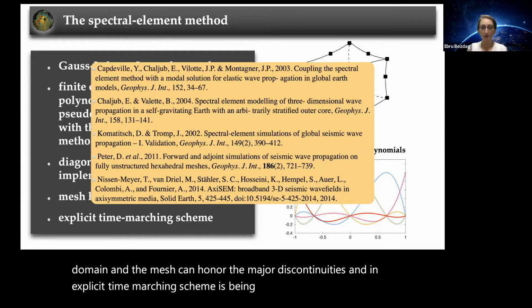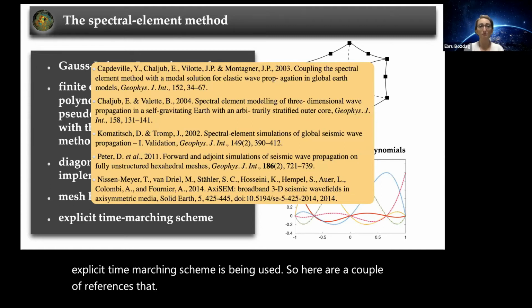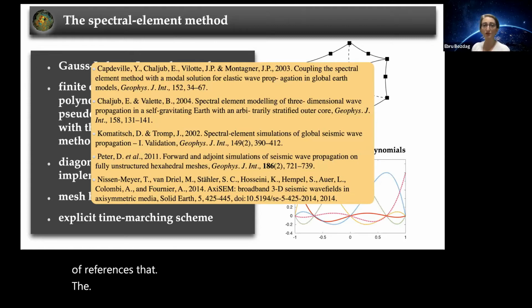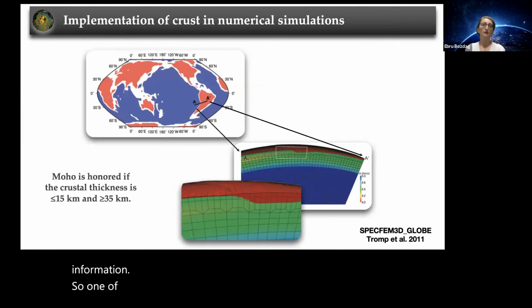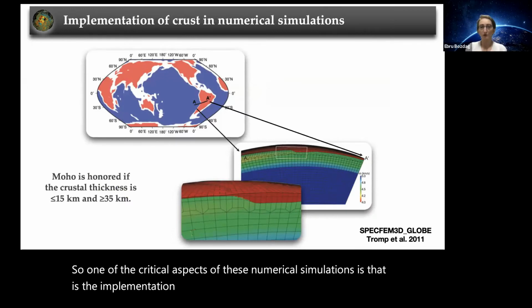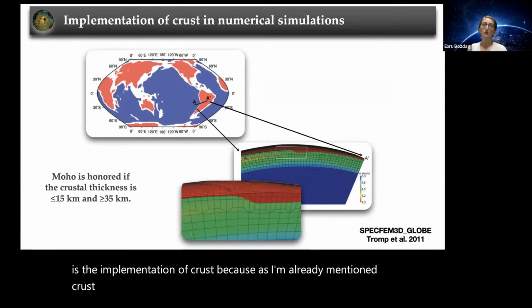Here are a couple of references that seismologists may like to have a look at for further information. One of the critical aspects of these numerical simulations is the implementation of the crust, because as I already mentioned, the crust has such a strong influence on seismic waveforms.